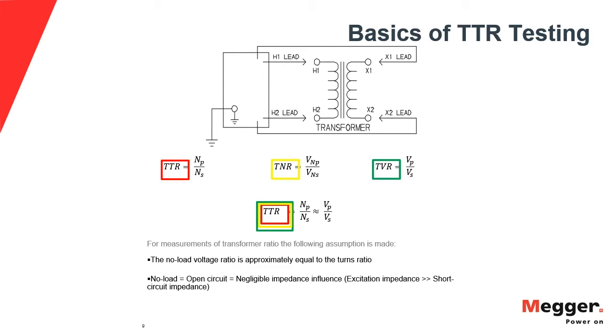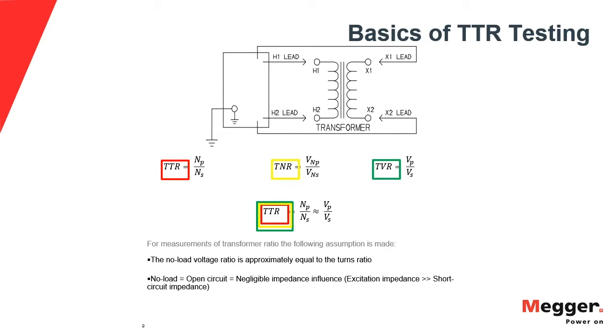We're only measuring that induced voltage, and that particular condition allows us to say that the relationship between the voltage we are applying and the voltage we are inducing is equal to the actual transformer turns ratio, because we are testing under no load or open circuit condition.